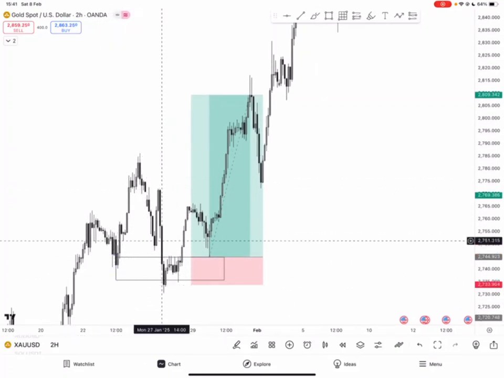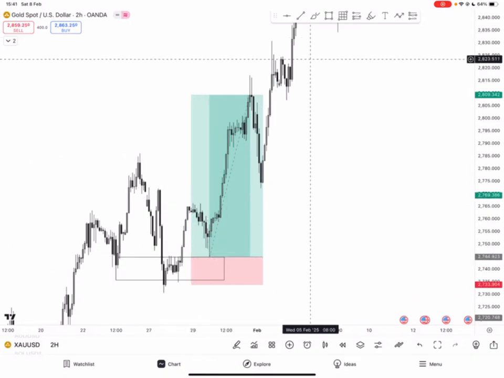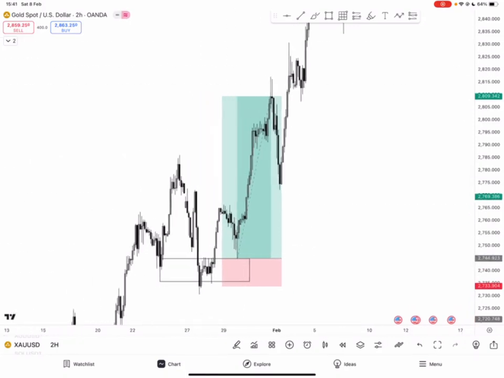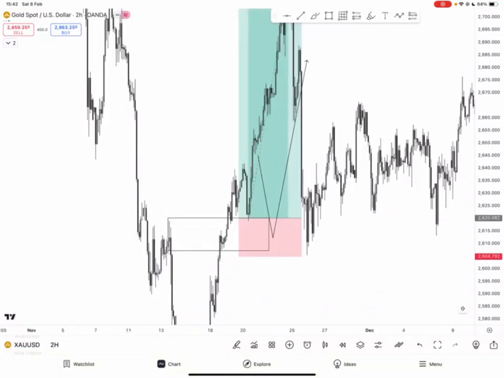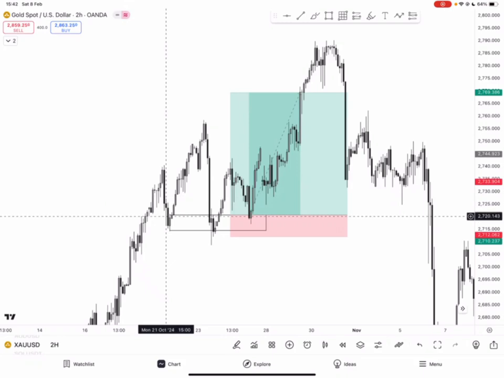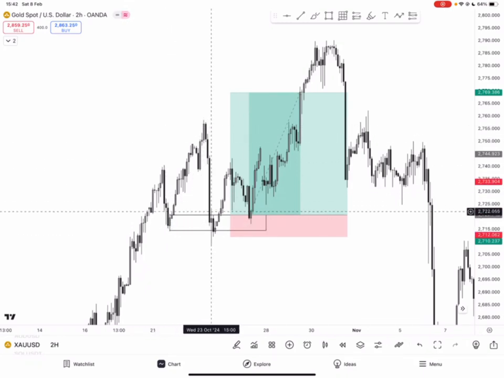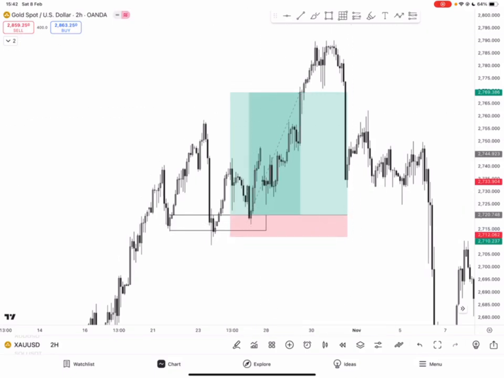The price took it out with negligible reaction to it, and what happens? Price comes back to mitigate and continues to the upside. This is exactly what the reclaim block looks like. This is a breaker block. Here again, you have what? A reclaim block. When price takes out a bullish order block with negligible reaction to it, it comes back to mitigate and continue to the upside.